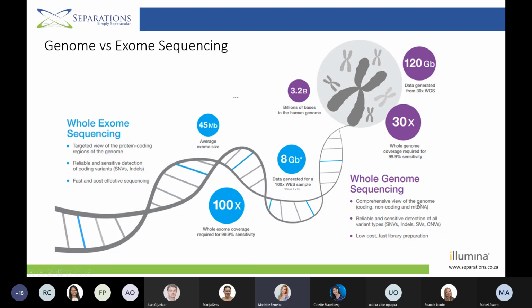So this is a really comprehensive view of the genome, and we look at both the coding and the non-coding as well as mitochondrial DNA. It's also very reliable and sensitive detection of all variant types, and it's relatively low cost. And these days we've got really fast library preparation kits for this application.